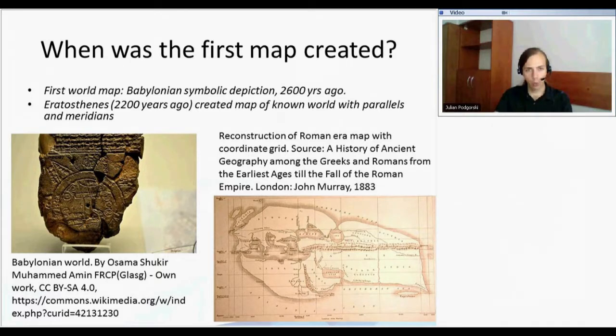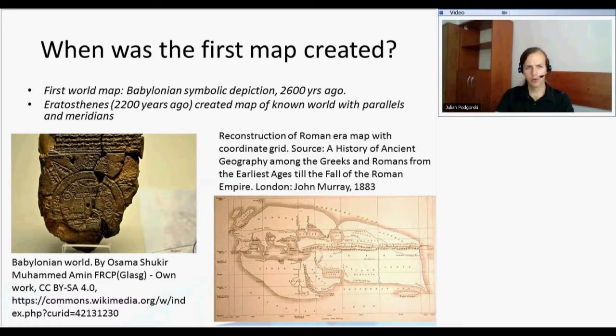And the world map as we actually know it, the first world map that was an attempt at drawing the lands as they look in the real world, was made in ancient Rome by Eratosthenes. He was a geographer in Rome.